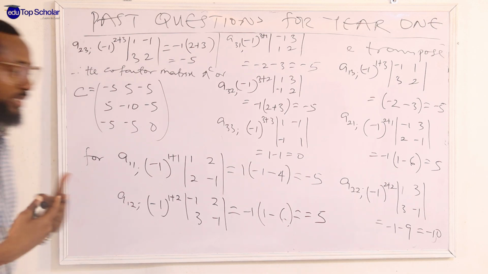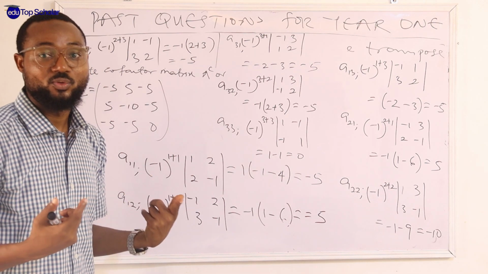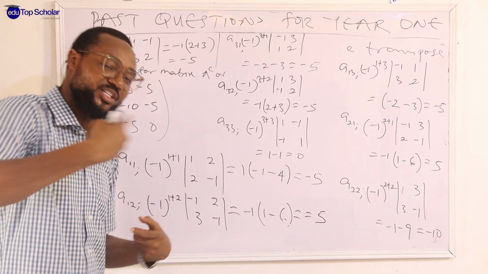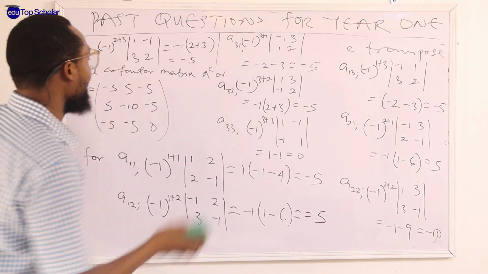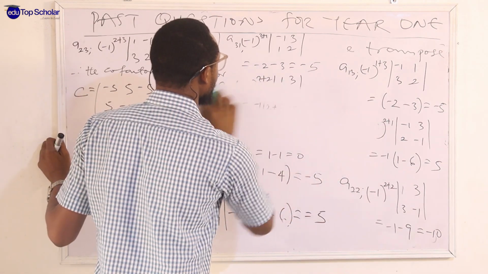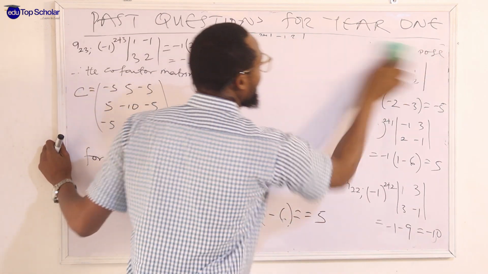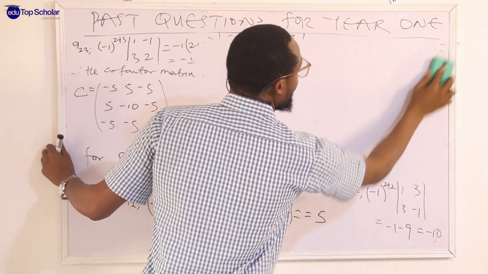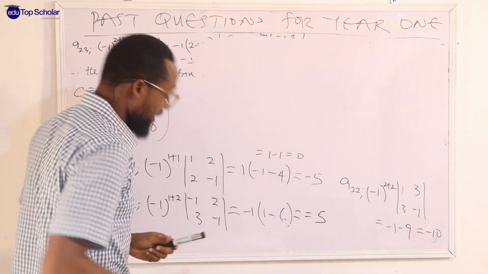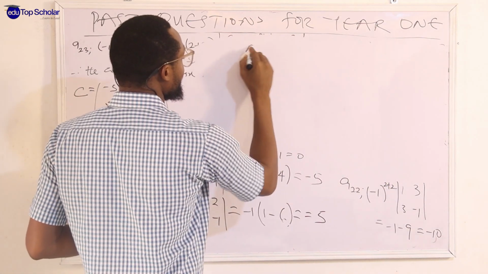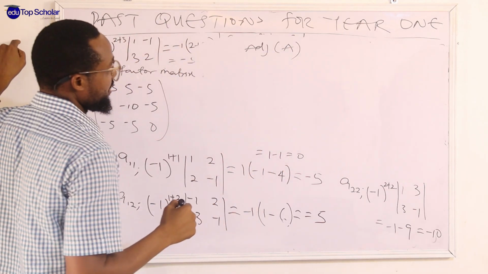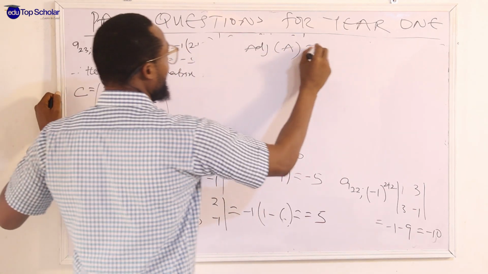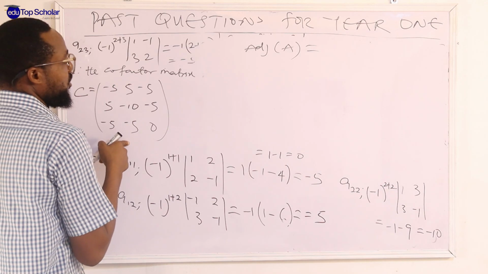So the question says we should compute the adjoint. So what we want to do, we have defined our adjoint as the transpose of the cofactor matrix. Therefore, the adjoint of the given matrix A will now be the transpose of this cofactor matrix.